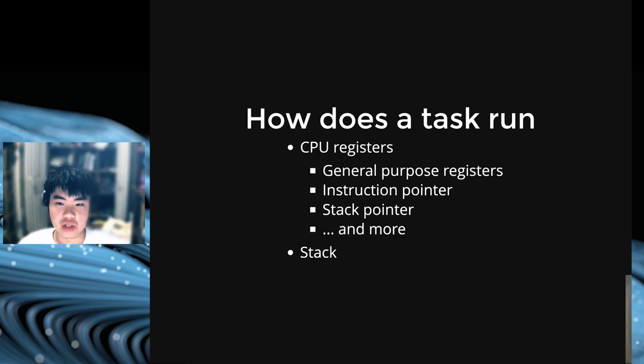So there are general purpose registers. They have no special meaning to the CPU, and programs usually use these to store variables or pass in function call arguments or do arithmetic. And there are also more special registers that have distinct meanings to the CPU.